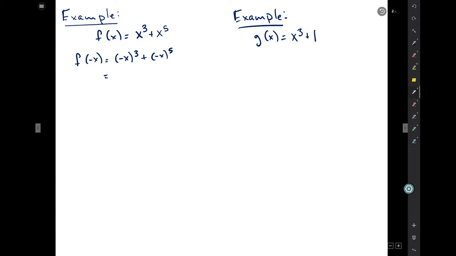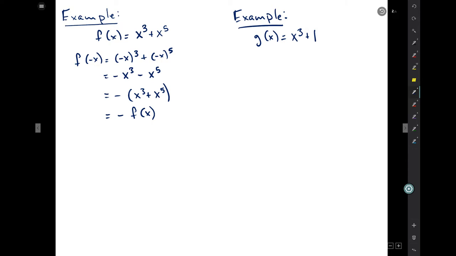And when I raise a negative to any odd power, the third power or the fifth power, I get a negative. So this function happens to simplify to negative x cubed plus x to the fifth if I factor a negative out from both, and this is precisely negative the function that I started with.